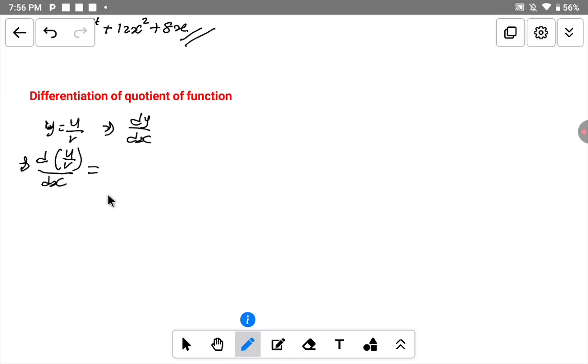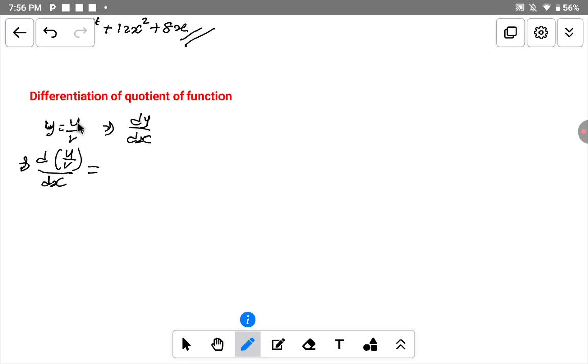In this quotient rule you have two parts: the numerator and the denominator.